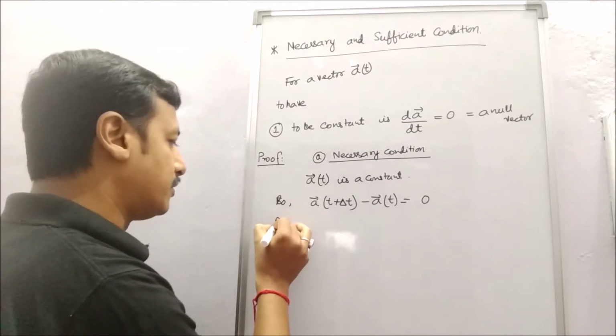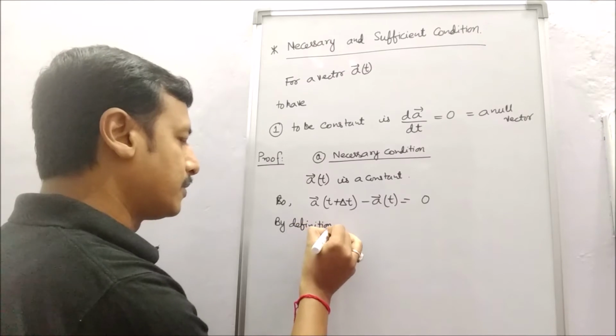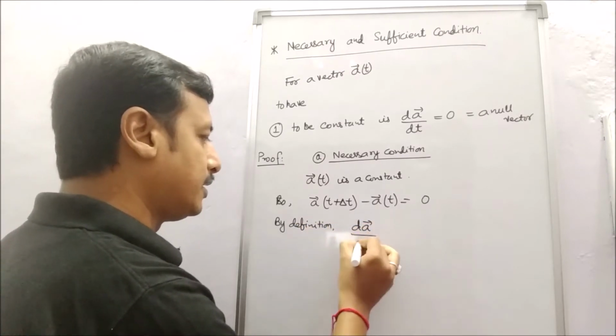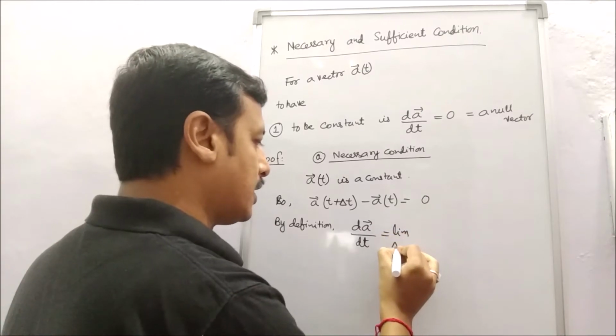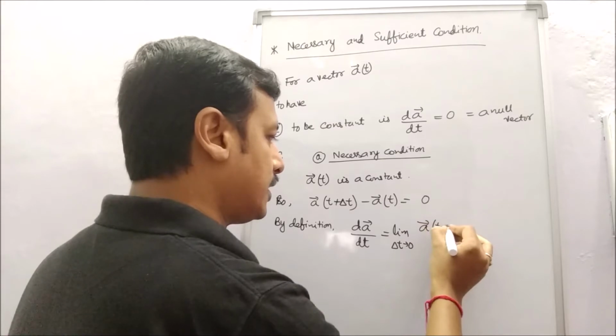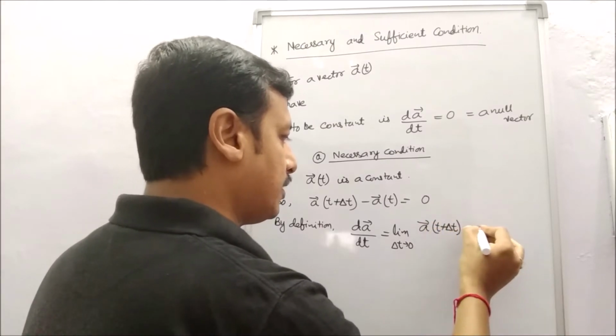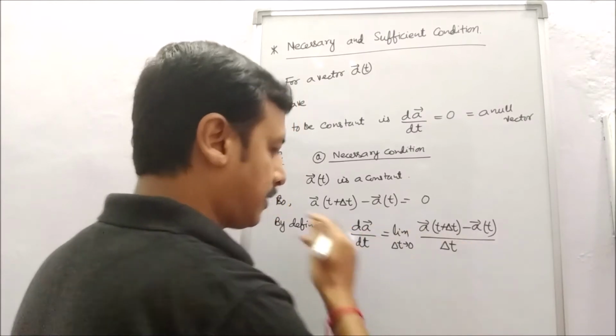So by definition, dA by dt is equal to limit delta t tends to 0, A(t plus delta t) minus A(t) divided by delta t.